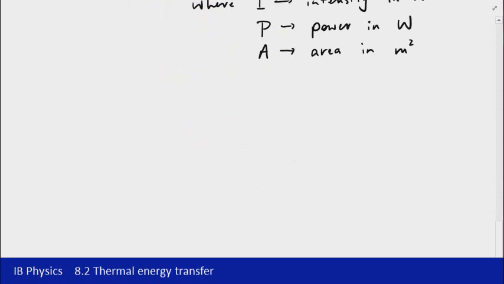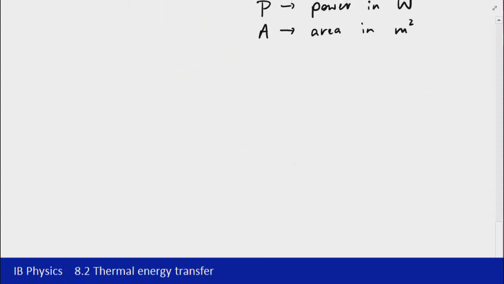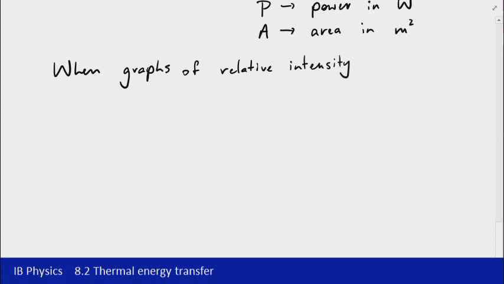If we then consider the distribution of that energy, we'd need to look at a graph of intensity versus wavelength. When we're talking relative intensity, we're not talking about the absolute scale, we're talking about how they compare to each other. When graphs of relative intensity versus wavelength are produced, we see that there are some similarities across all of them for different temperatures.